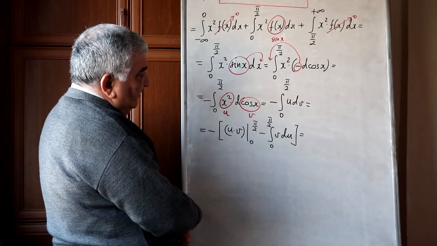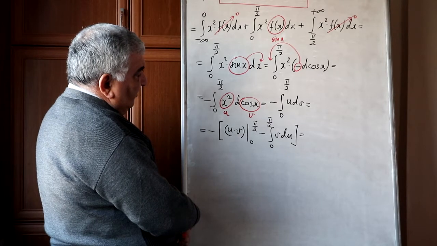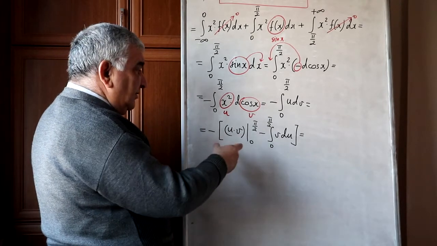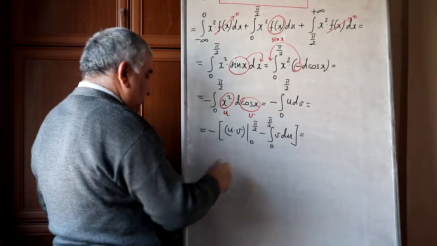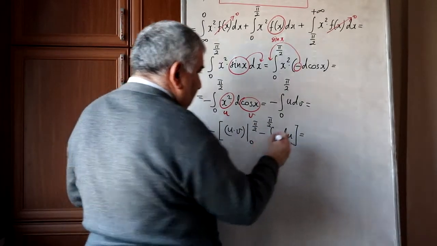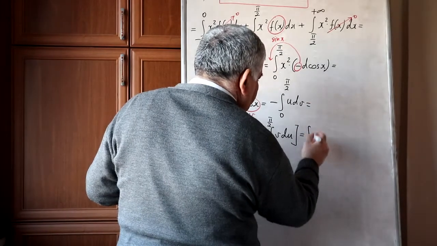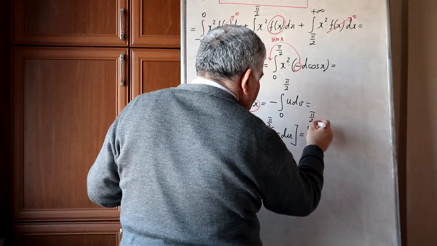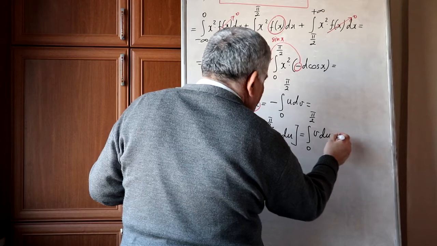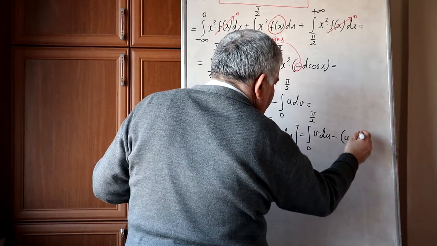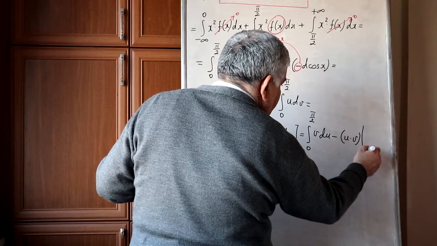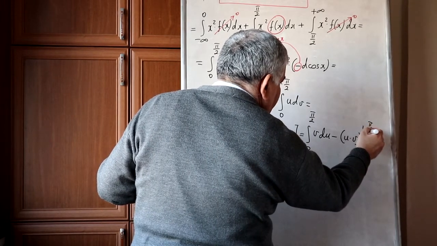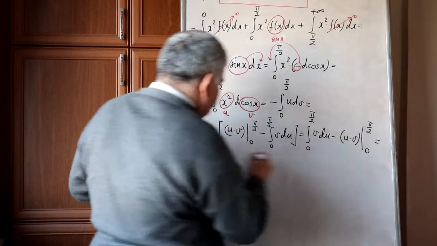Then substitute x squared instead of u, after first changing the places of these terms. Integral from 0 to pi and a half of v du, minus u multiplied by v with the double substitution from 0 to pi and a half equals.